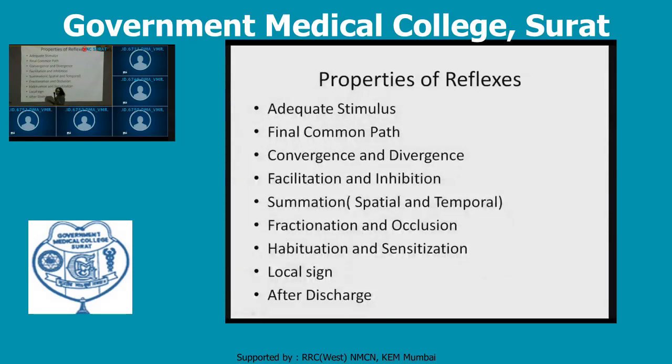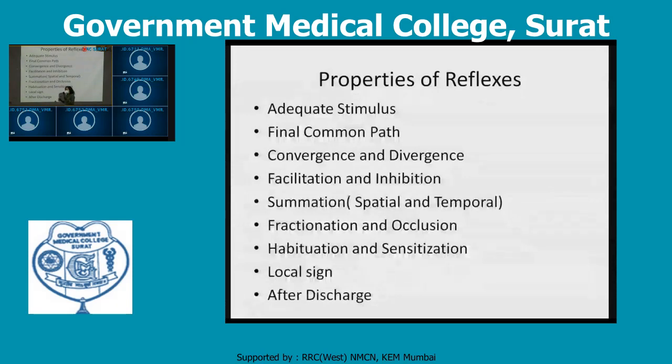That is the fractionation. And occlusion is, if the individual afferent neurons are stimulated, and the motor neurons are stimulated, the effect generated will be more if they are stimulated simultaneously. That is the sum of the effects of stimulation of motor neurons; it is depleted if a stimulus is decreased.